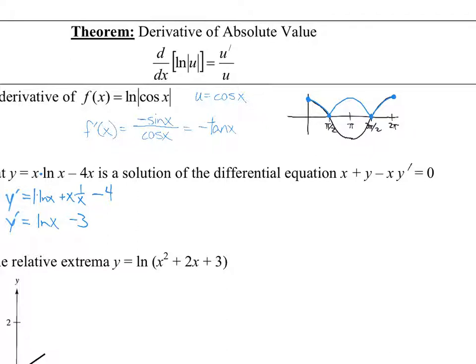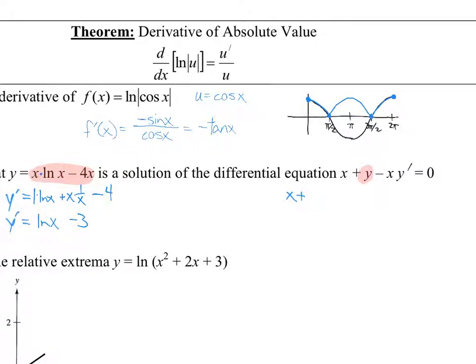A little simpler way that doesn't force us to assume that that's true is simply by substituting into the left-hand side. We have x plus y. Well, y is actually x times ln of x minus 4x.